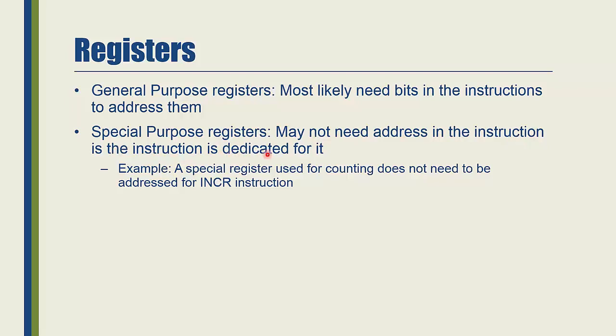For example, we may have a register that has a special purpose for counting, and it is only used in the instruction called INCR. Every time we call INCR in our assembly code, we don't have to address this register.